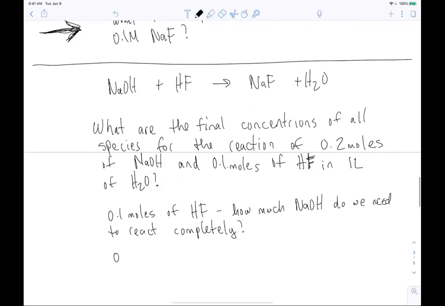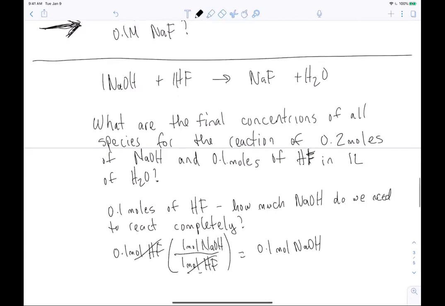You'd say, okay, 0.1 moles of HF. I look at my reaction stoichiometry up here, which tells me that for every 1 mole of HF that I have, I need 1 mole of sodium hydroxide. And so I see that I need 0.1 moles of sodium hydroxide.